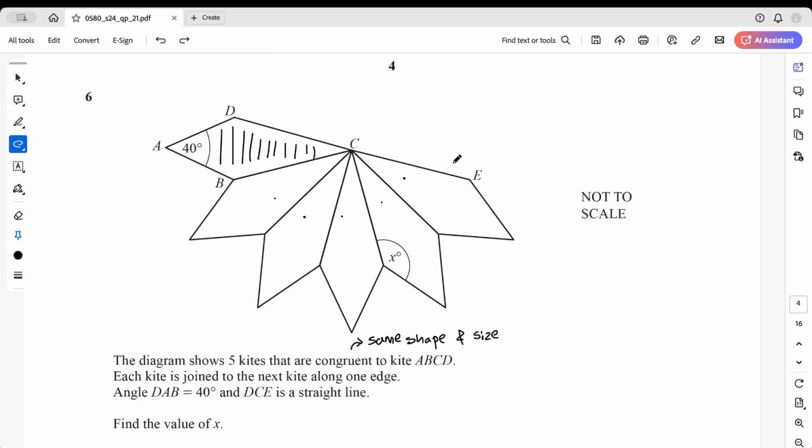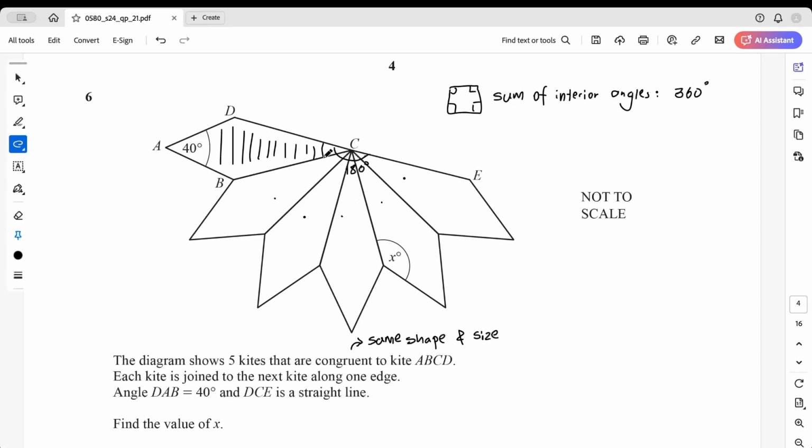Alright. So now, since we know kites are quadrilaterals, the sum of interior angles in any quadrilateral will sum to 360. We will follow that same rule here. Since we know DCE forms a straight line, we know that straight lines have 180 degrees. So this 180 degrees is shared between 6 angles.